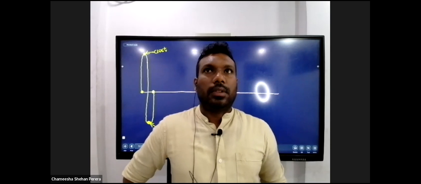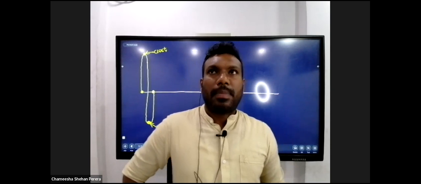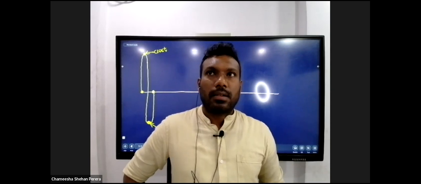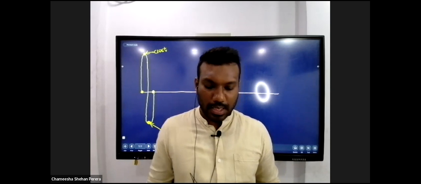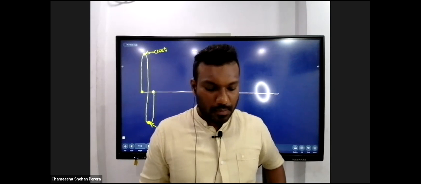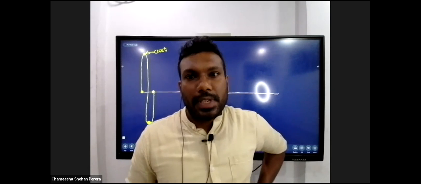The maximum displacement shown by a particle taking part in the wave, the maximum perpendicular displacement shown by a particle taking part in the wave, is the amplitude of a transverse wave.